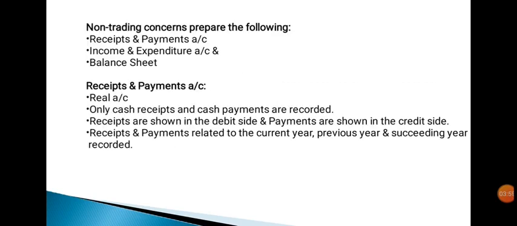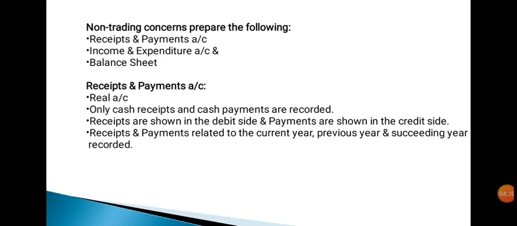And the accounts prepared by non-trading concerns: receipts and payments account, income and expenditure account, and balance sheet. First, let us look at the receipts and payments account. Regarding the features of receipts and payments account, it is a real account.